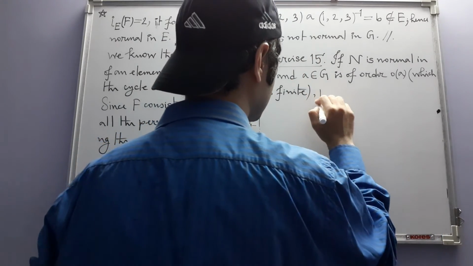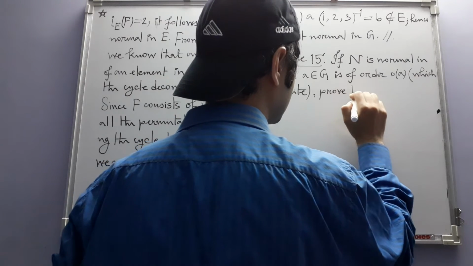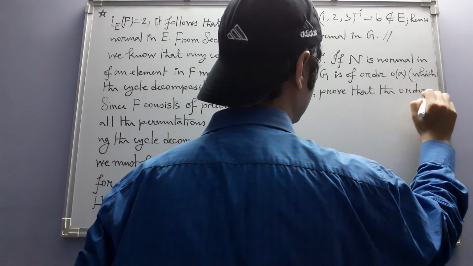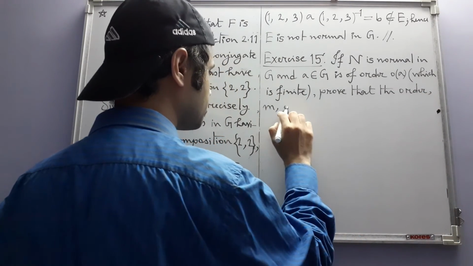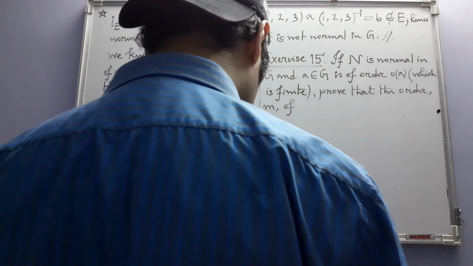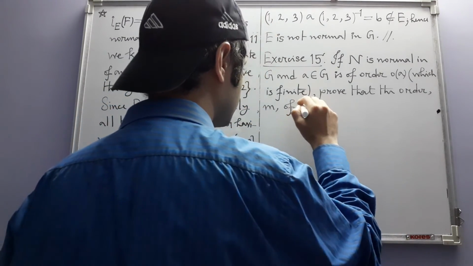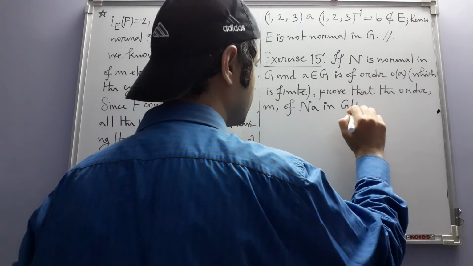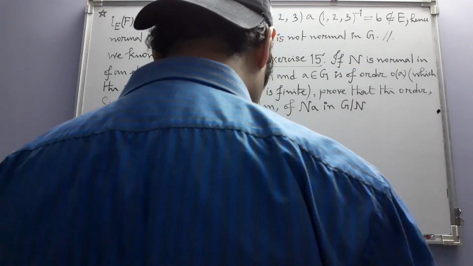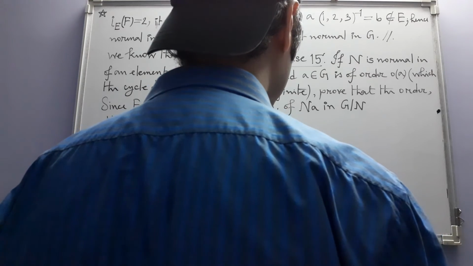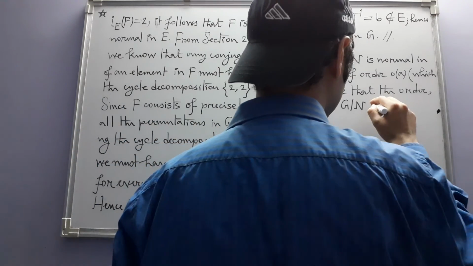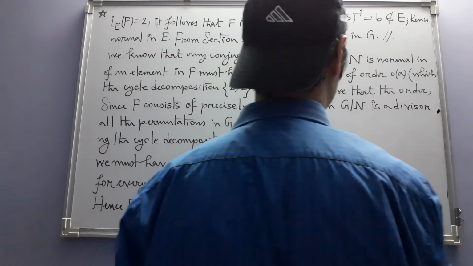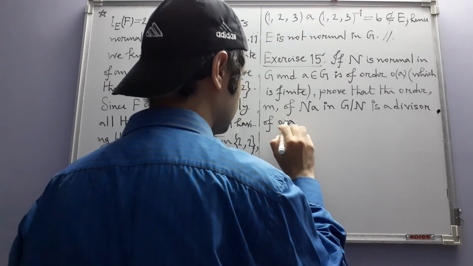Prove that the order M of the coset NA in the quotient group G by N is a divisor of the order of A.